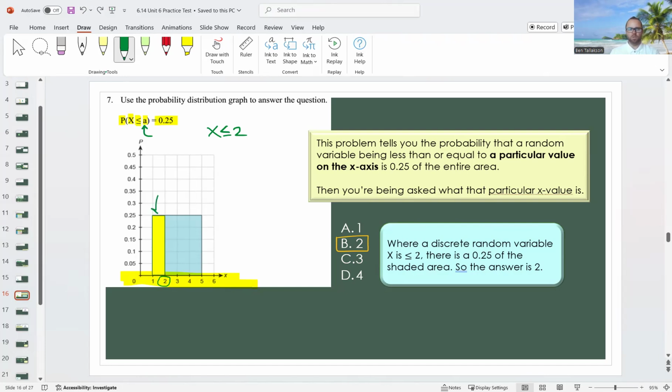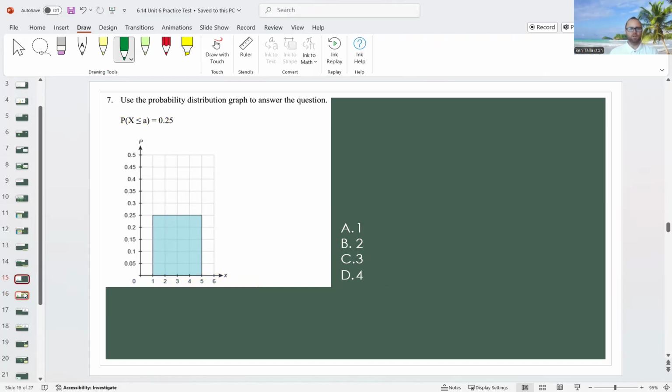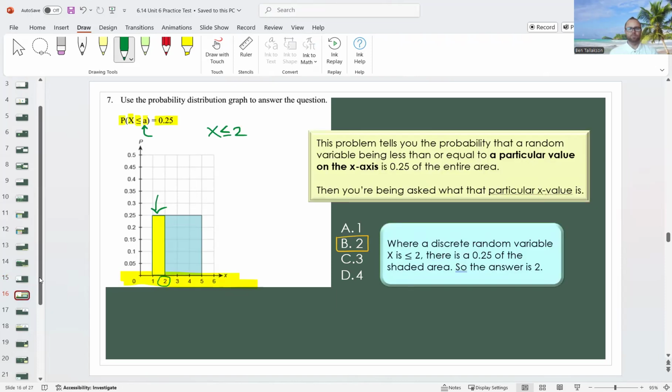This is 1/4 of this whole big shape that we saw right there. So in other words, where a discrete random variable x is less than or equal to 2, there is 0.25 of the shaded area. So our answer is 2.